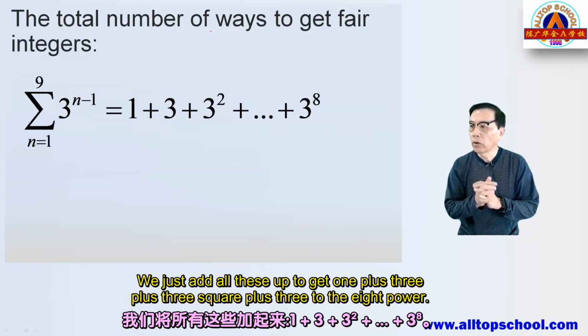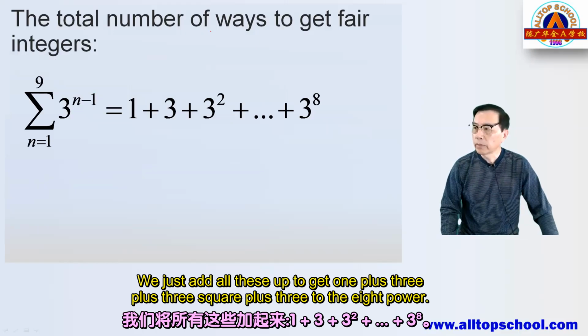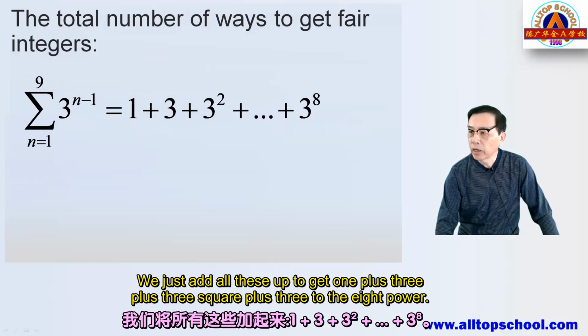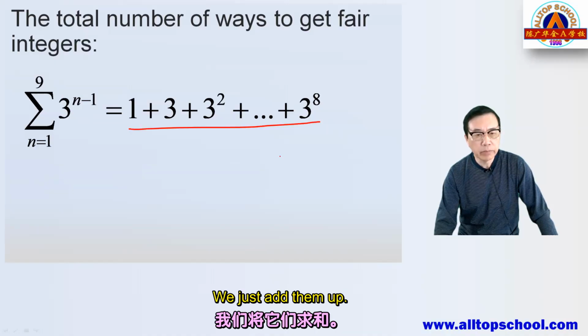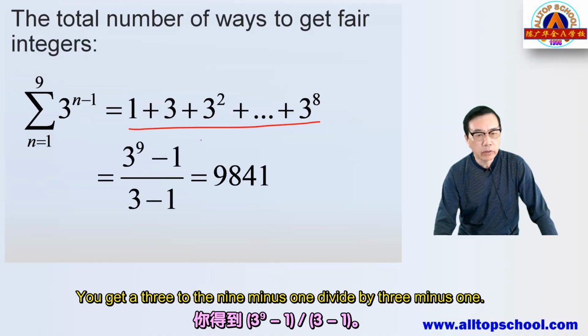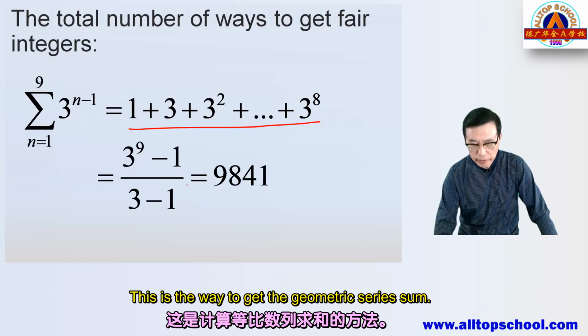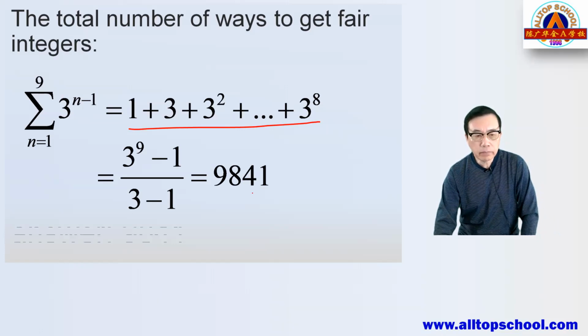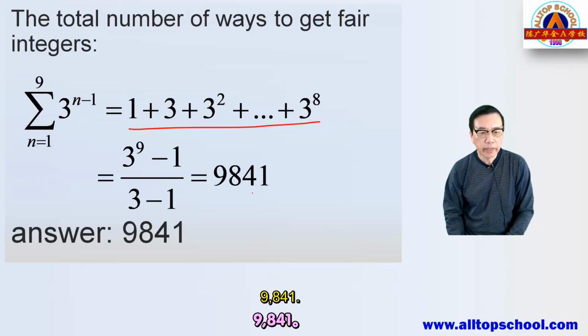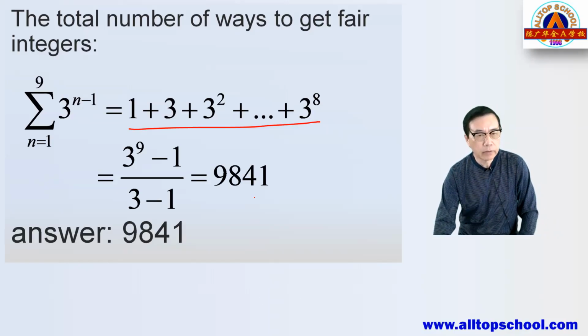We just add all these up to get 1 plus 3 plus 3 squared plus up to 3 to the 8 power. These are the geometric series. We just add them up. You get 3 to the 9 minus 1 divided by 3 minus 1. This is the way to get the geometric series sum. And then you're going to get the answer, 9,841. That's the solution then.